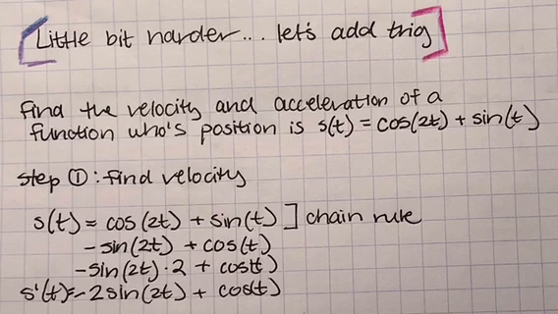Then for the second term, sine t, you have the derivative of the outside is cosine times the original, which is t, times the derivative of the inside, which is just 1, so it's the same function. So then, to keep simplifying, you take the 2 and you multiply it in front by the negative sign to give you negative 2 sine 2t plus cosine t for your velocity derivative.